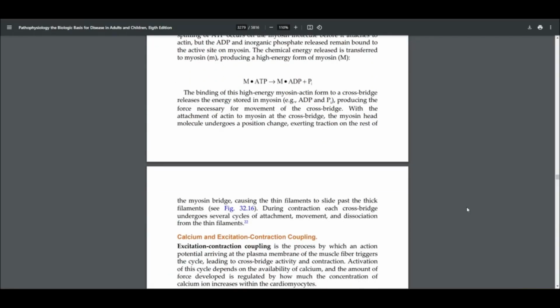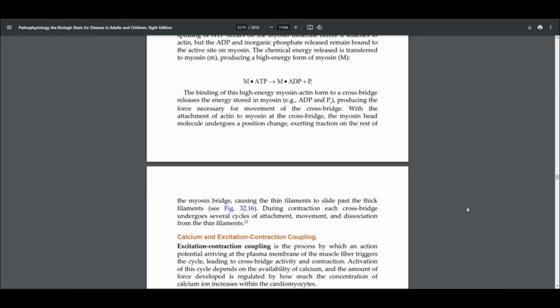So we have our myosin that attaches to ATP, and then it turns into ADP plus an additional P. The binding of this high-energy myosin-actin form to a cross-bridge releases the energy stored in myosin, ADP and P, producing the force necessary for movement of the cross-bridge.